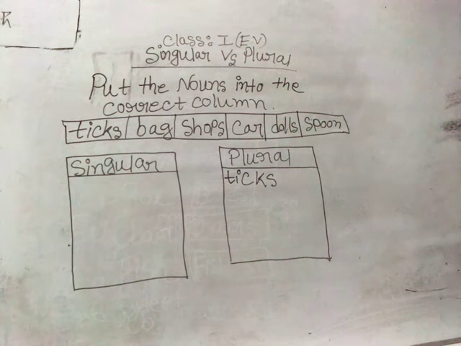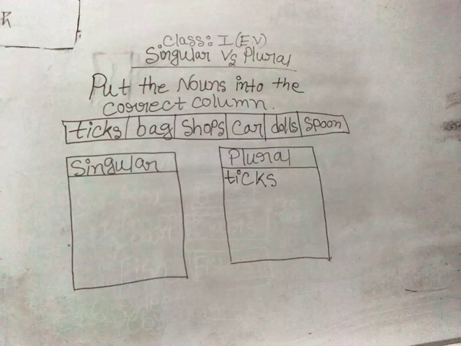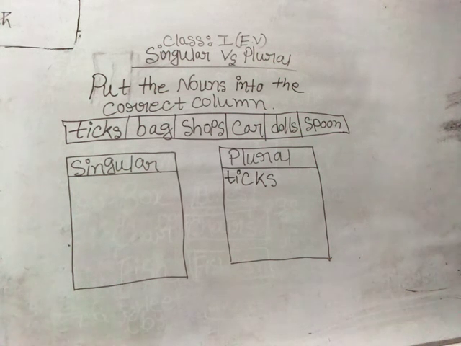Coming to the next one, it's bag, B-A-G, bag. Is there any S just beside bag? No, there's no S. As there is no S beside the bag, what can we understand? We understand that if S is absent from the word, then it should be in the singular column. So it would be the right column for the bag.